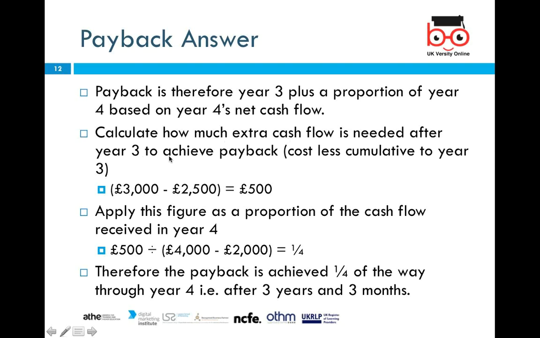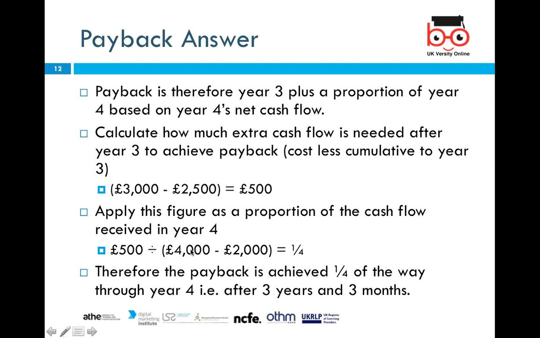So now we are going to calculate how much extra cash flow is needed after year 3 to achieve payback. That means cost less cumulative cash flow to year 3. So we are expecting £3,000, and at the end of year 3 we have a cumulative cash flow of 2,500. That's our 500 in between. So apply this figure as a proportion of the cash flow received in year 4.